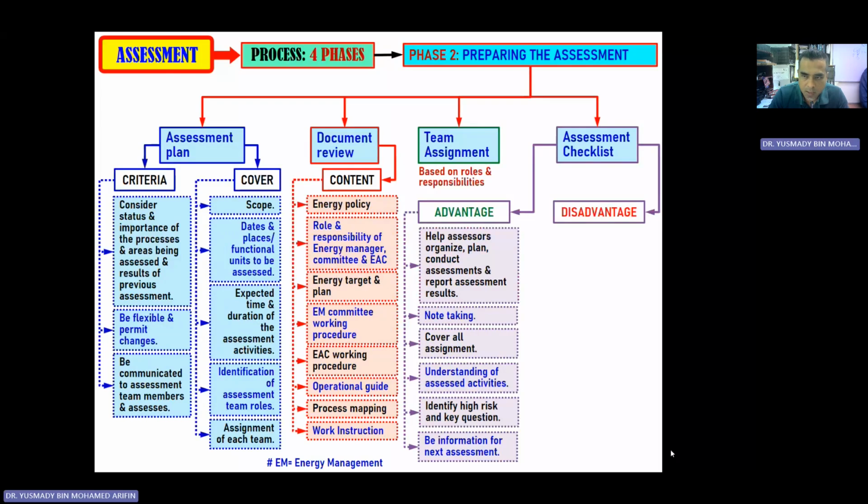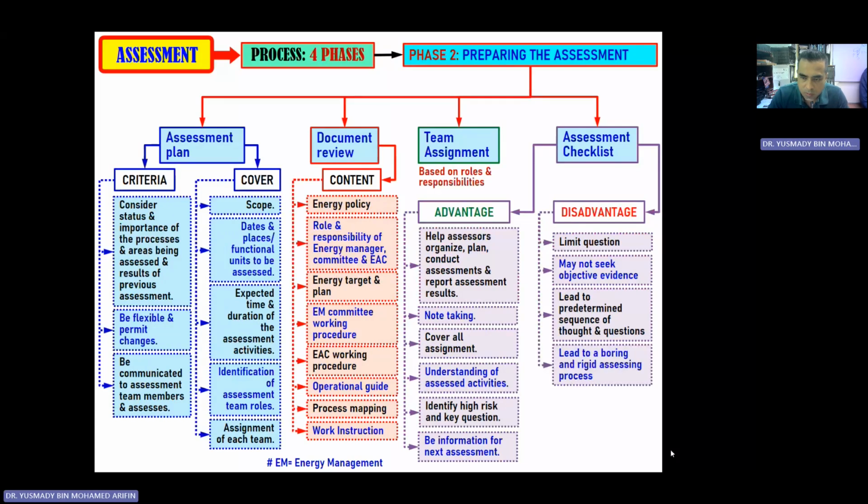However, the disadvantages of the assessment checklist: it limits the questions, may not seek objective evidence, leads to a predetermined sequence of thought and questions, leads to a boring and rigid assessing process, and may result in a non-focused assessment, in which detail may be overlooked.